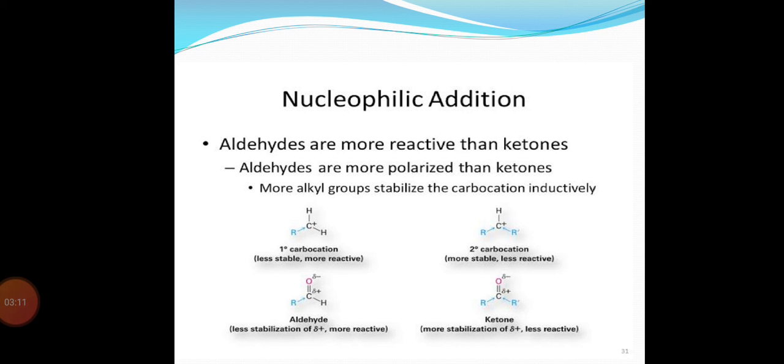That's why the secondary carbonium ion is more stable. If it is more stable, it means it is less reactive. Why is it less reactive? Because stability and reactivity are inversely proportional to one another.